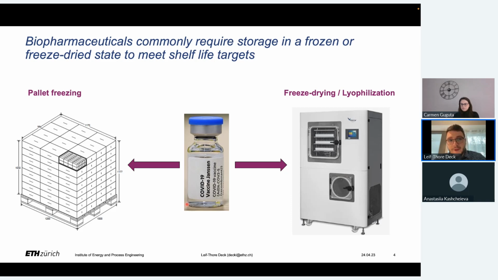Now, if you have a biopharmaceutical like a COVID vaccine, but in practice it's for most biopharmaceuticals the case, you will run into issues with the shelf life of these products in a liquid state. So you commonly have to freeze them or freeze dry them.